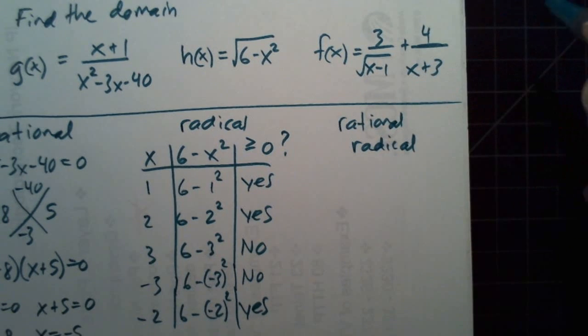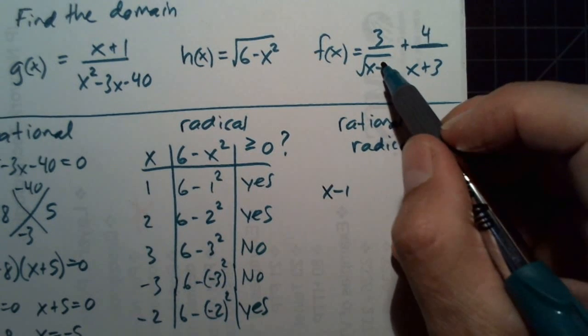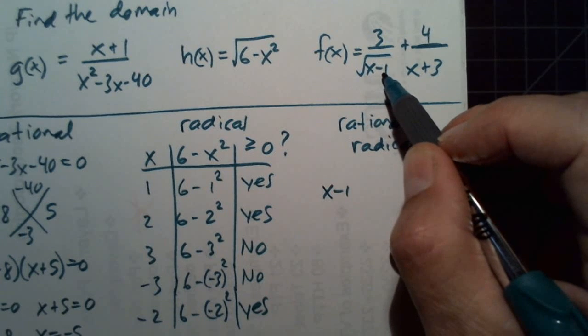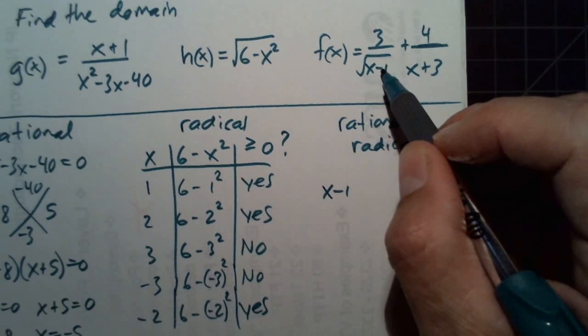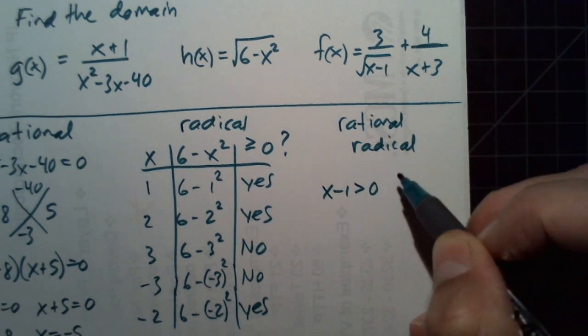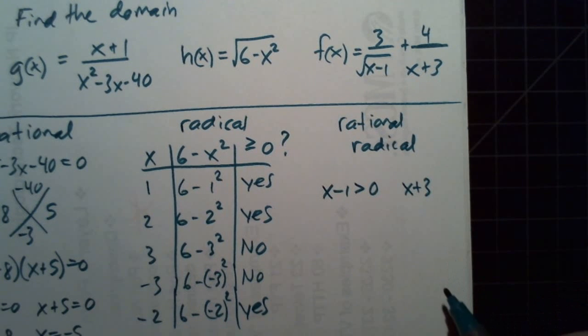So we want this radicand to be non-negative, so we want it to be 0 or positive, but then it's in the denominator, so we don't want it to be 0. We want it to be greater than 0, and x plus 3, we want it to not equal 0.